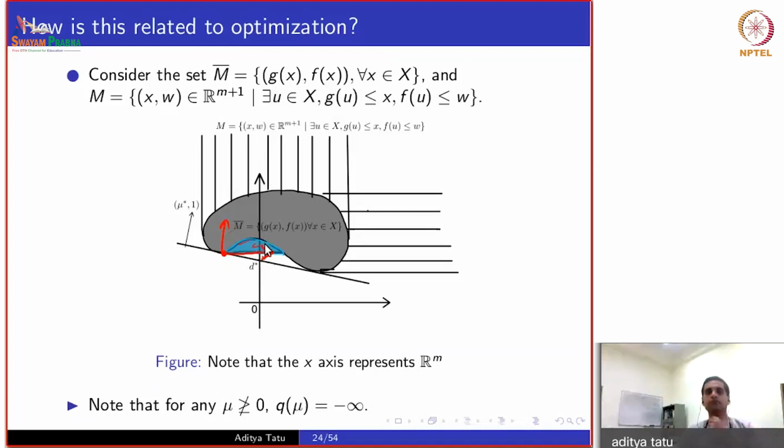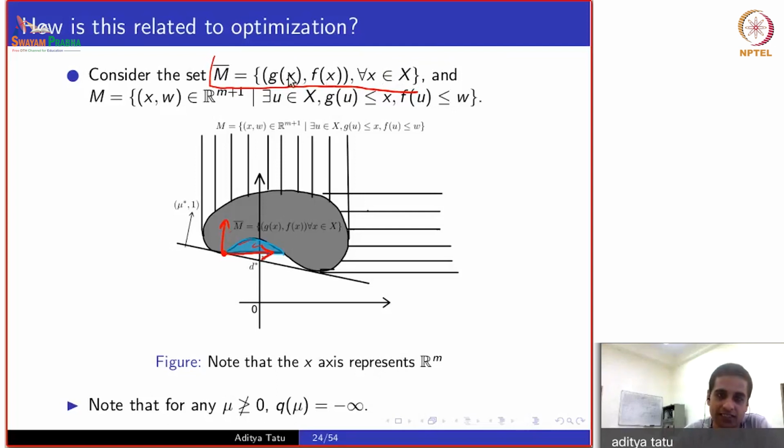But please repeat what is M bar. Why is it not in M? So M bar is this set, right? You take all elements x from your set X. This X could be R^n or some smaller set. Now on this X, for each element of this capital X, you evaluate the inequality constraints and you evaluate the objective function.